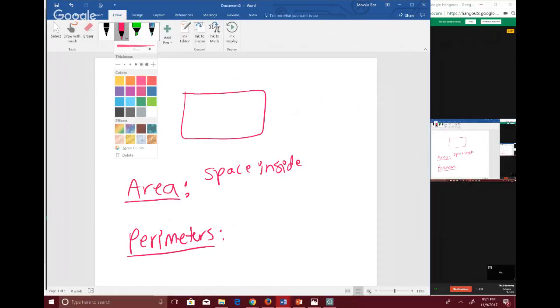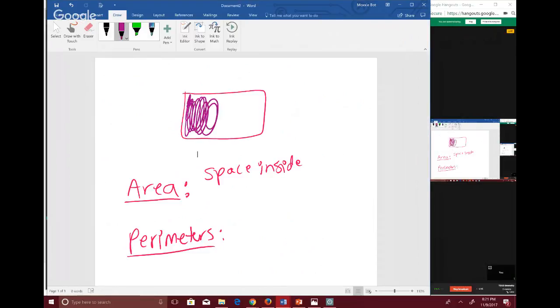If I switch to a purple color and I shade it, the area is the space inside of a shape. No matter what the shape is, the area is always the space inside. So that should be your first thought when you think about area rather than a memorized equation. Your first thought should be it's the space inside.